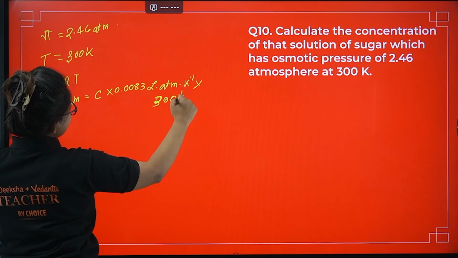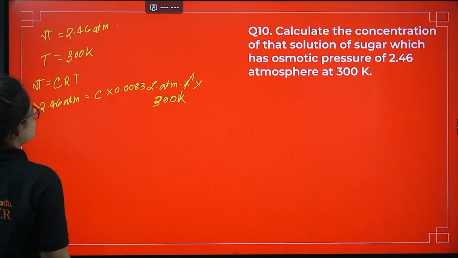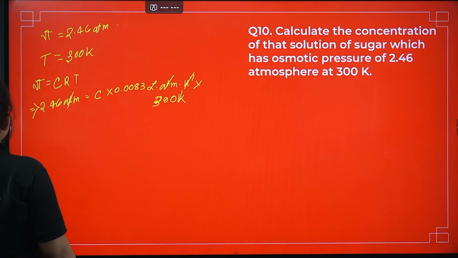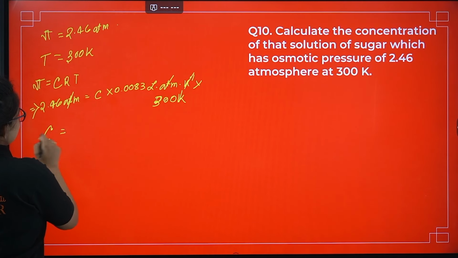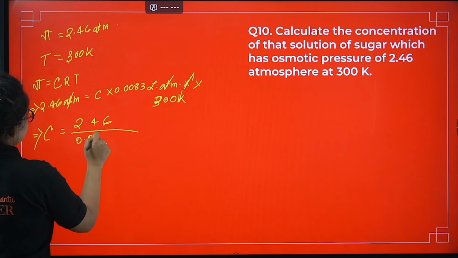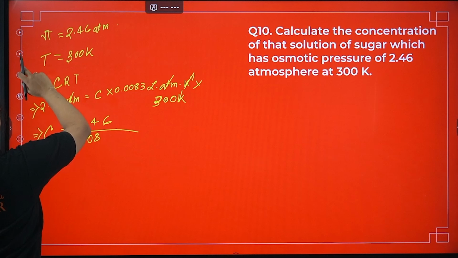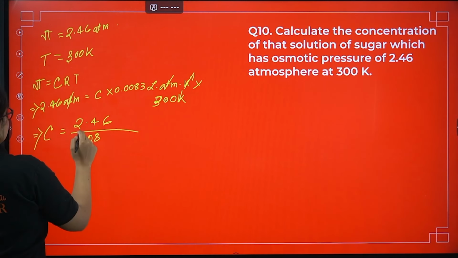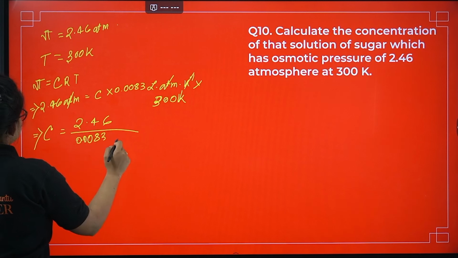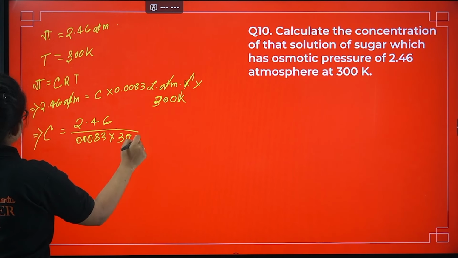Here you can see Kelvin will be cancelled out. Atmosphere on both sides will be cancelled out. As a result, C is 2.46 divided by 0.0083 into 300.